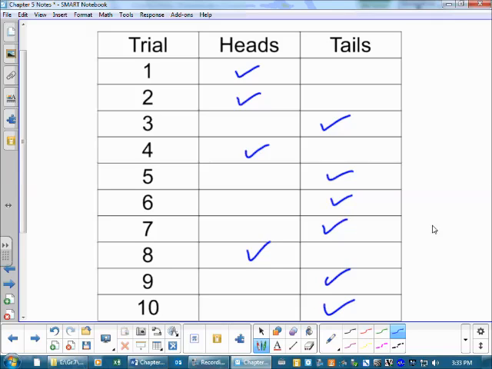So if we were to look at a total, we've got 1, 2, 3, 4 heads and obviously 6 tails. That is experimental. That's what actually happened.